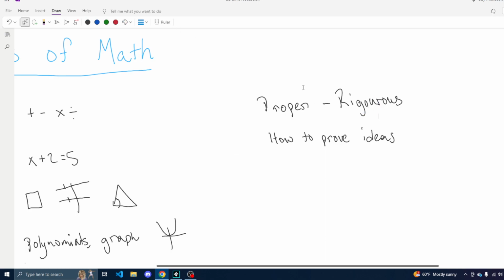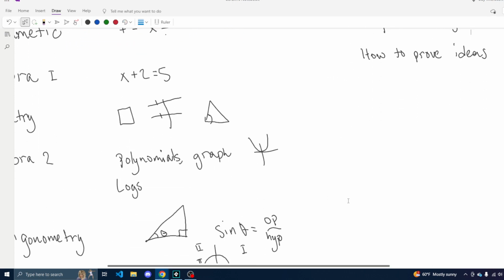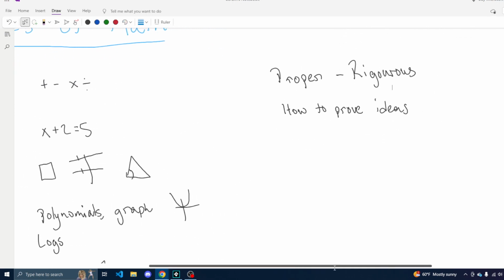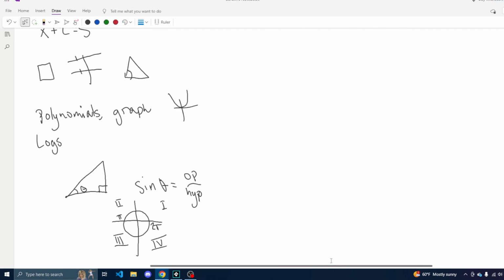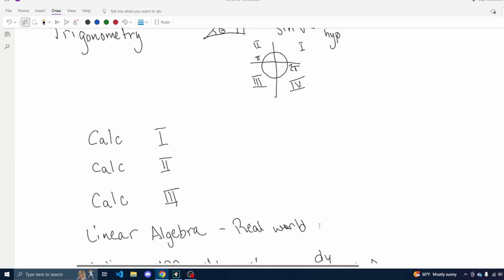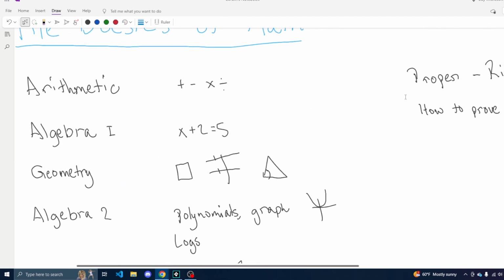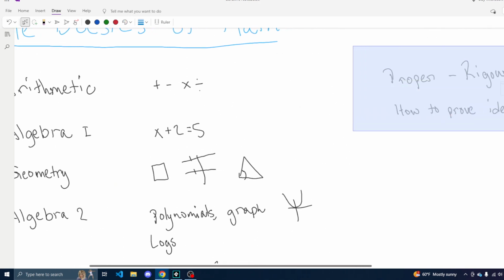But our proper and rigorous math allows us to show that everything we're doing over here is right, as well as much more complicated ideas such as topology and complex analysis and different ideas like that as well. And so once you get to a certain point, this becomes really important as well.